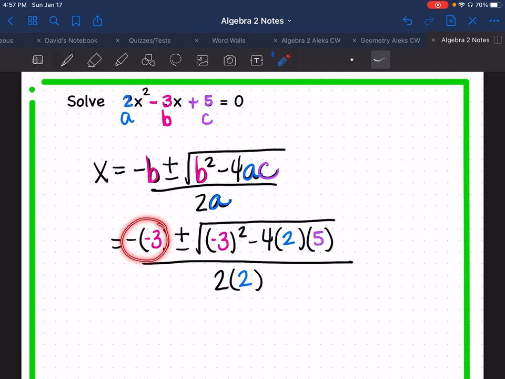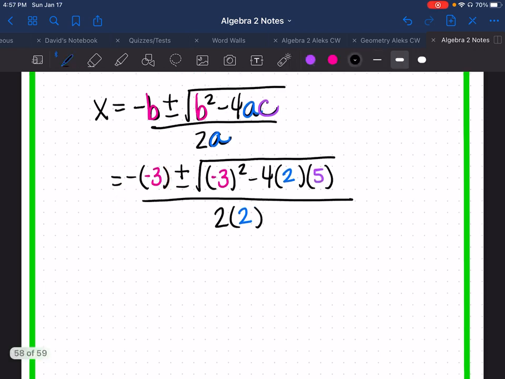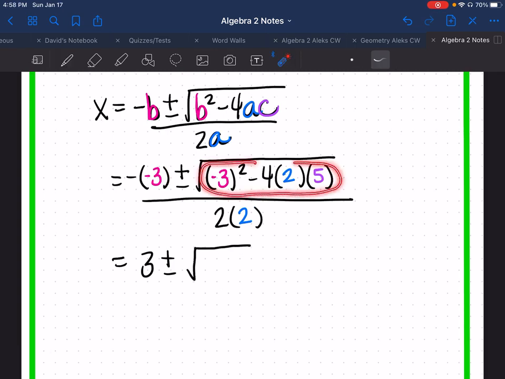Right here, I see 2 negatives, so I'm going to say I have +3 because 2 negatives make a positive. And if I do the discriminant, this part here is called the discriminant, I see that -3 squared is 9, 4 times 2 times 5 is 40, and I end up with -31. And 2 times 2 is 4.